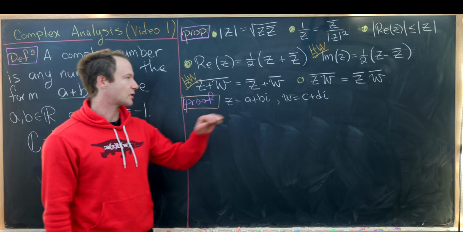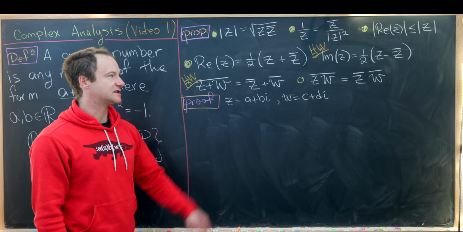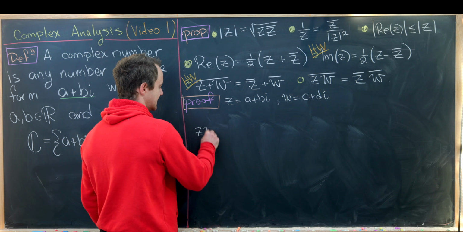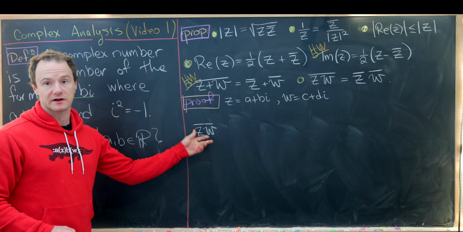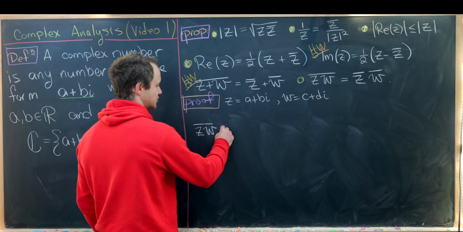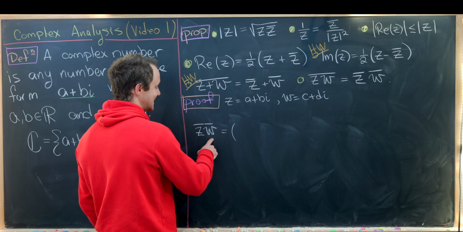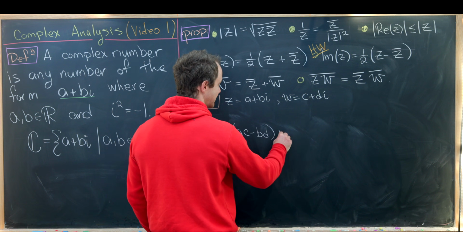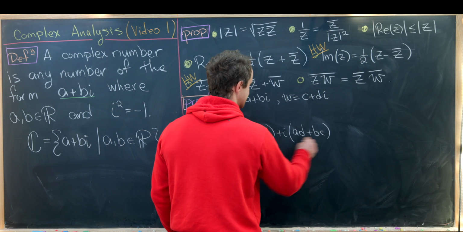Okay, so like I said, we're gonna finish it off with this last result. Again, z and w are defined as they were before. Okay, so let's notice that the conjugate of z w, in other words, we're taking the product first and then the complex conjugate, that's equal to, well, let's just recall that z times w was ac minus bd plus i times (ad plus bc).